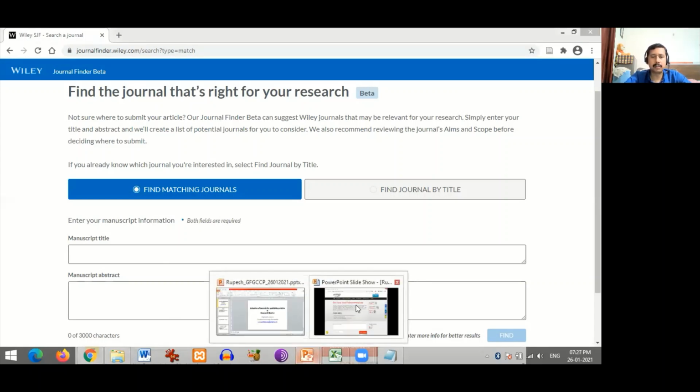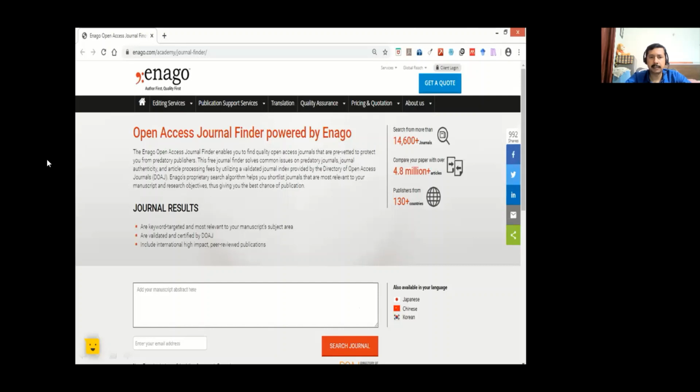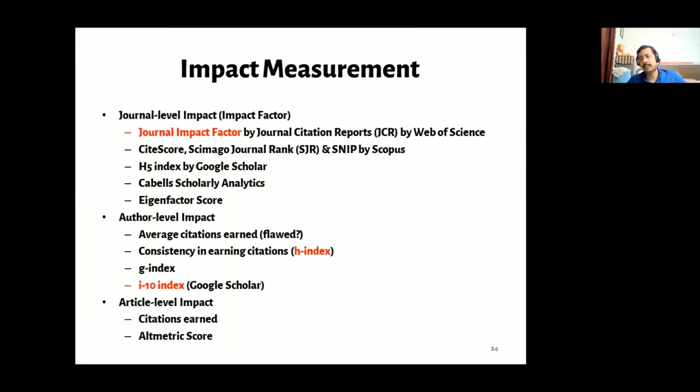Let me move on to the next part, that's on impact metrics or research metrics. I have been talking about the CiteScore and impact factor throughout the first part of my presentation. In this part, I will take into consideration only 3 metrics for measuring the impact of journals, authors, articles.